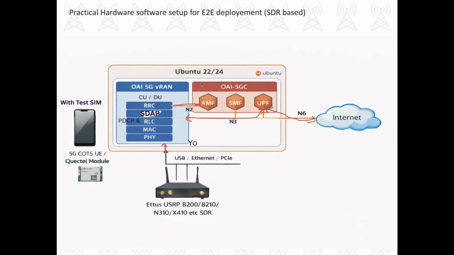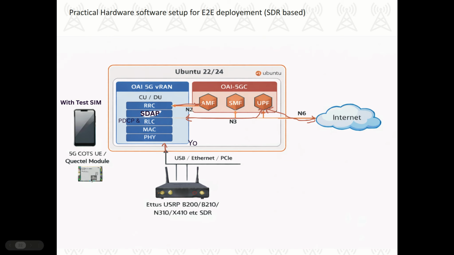Most of the people are using it, right? And then the internet, the external public network, is connected, right? And then we have a test mobile with test SIM. So it can be a COTS mobile or it can be a Quectel module.